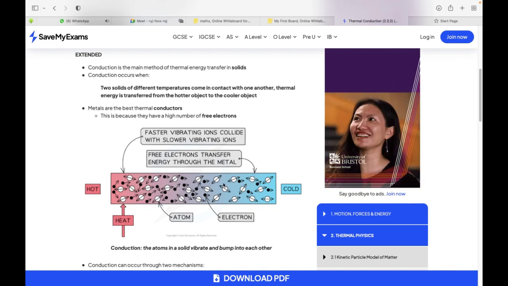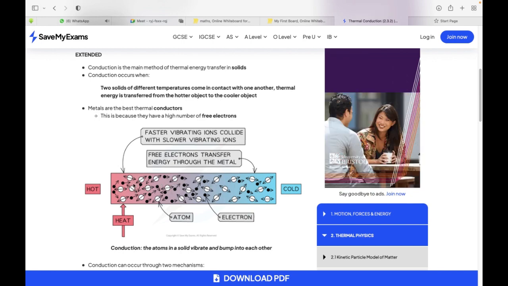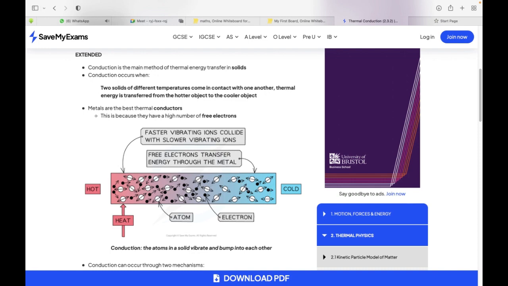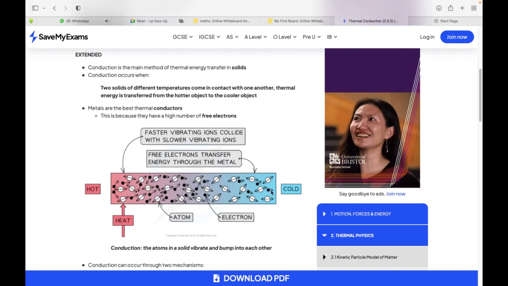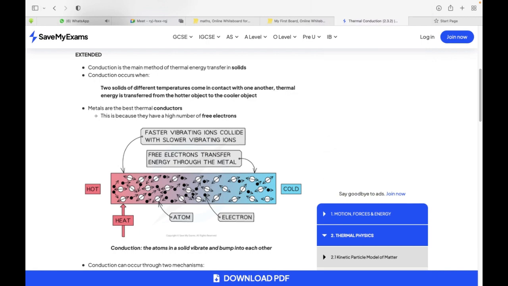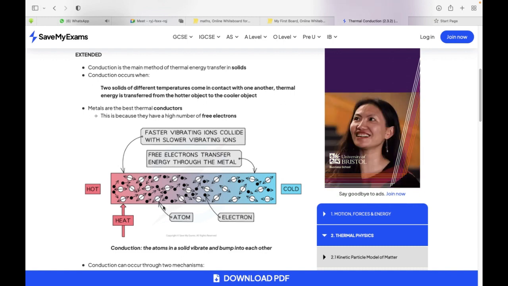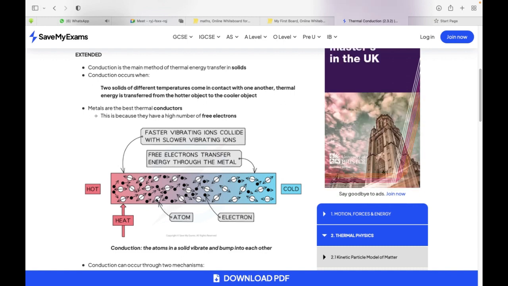The thermal energy is transferred from the hotter object to the cooler object. The thermal energy will move from the hotter side to the cooler side. This energy is going to spread to every other part. Like we showed you, these are the electrons, the dark ones that have an arrow. And we also told you these are the atoms, the ones that have arrows on both sides that only vibrate about a fixed position.